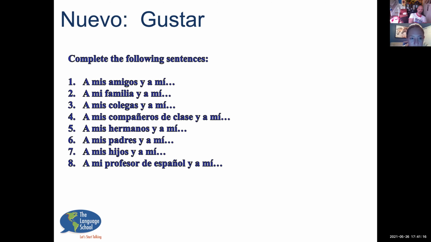A mis compañeros de clase y a mí nos gusta aprender cosas nuevas. Bien. A mis hermanos y a mí nos gustan los deportes. Bien.